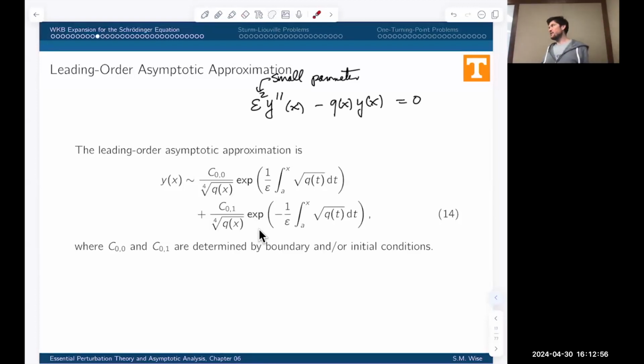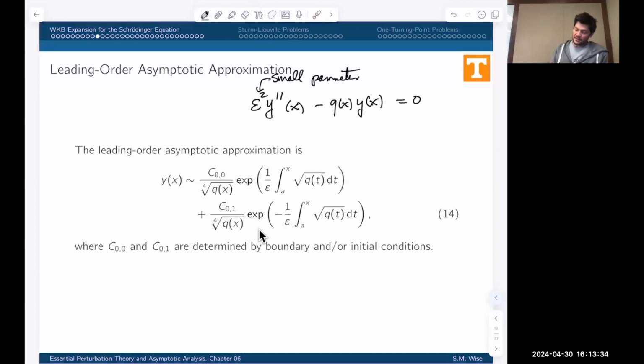So in this sense, it's a singular perturbation problem, but it doesn't give the type of solutions that we examined in the matched asymptotics case in chapter 5. The classical reason is because suppose that Q is negative, let's say Q is just equal to a negative constant. In this case, the solutions to this problem are going to be sines and cosines. And as epsilon gets smaller and smaller, these start oscillating faster and faster.